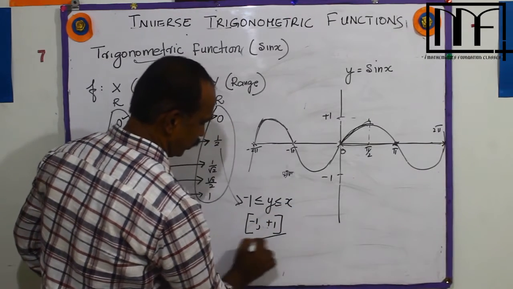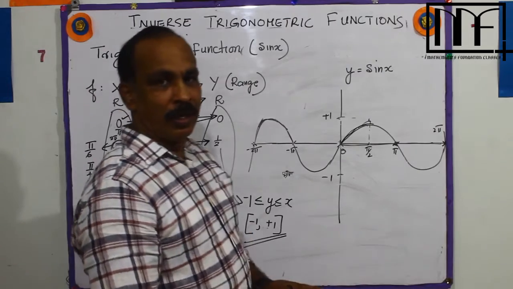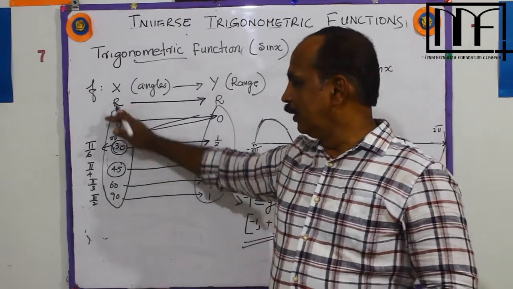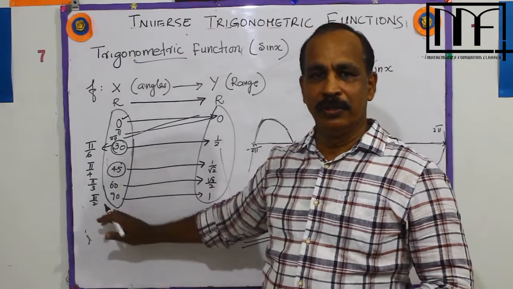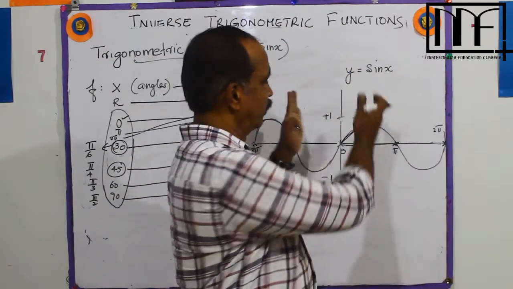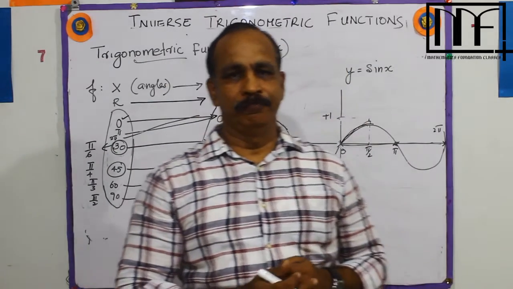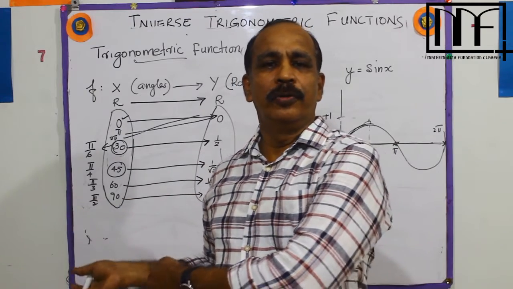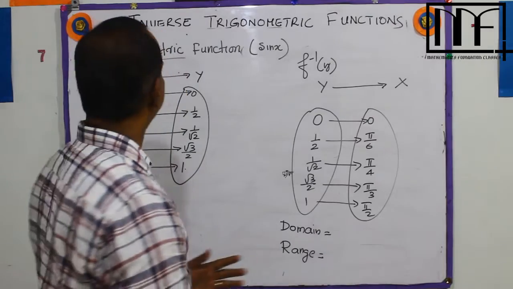This is the range of the sine function. And this is the codomain, and the domain we need to restrict. So I will show you how to restrict the domain in order to have an inverse function. Look at the example here.